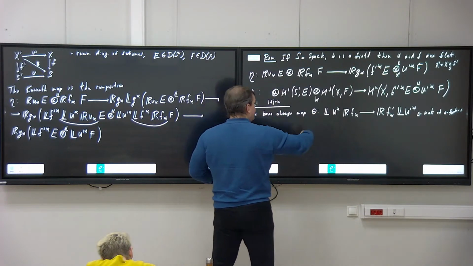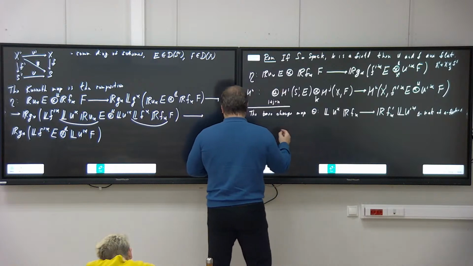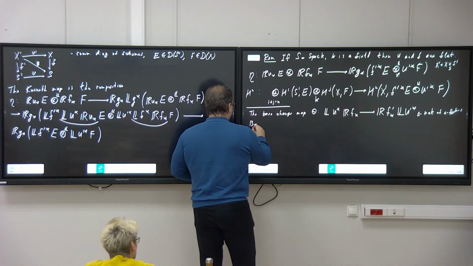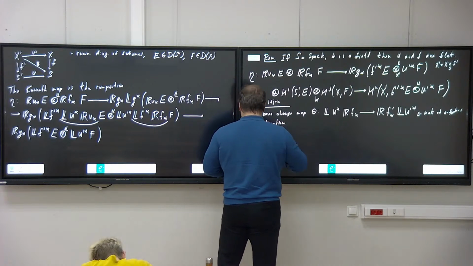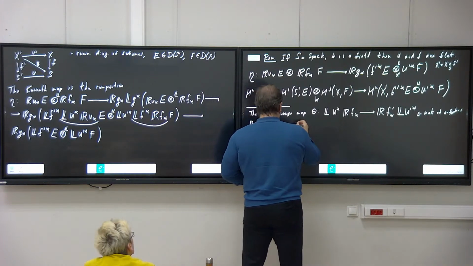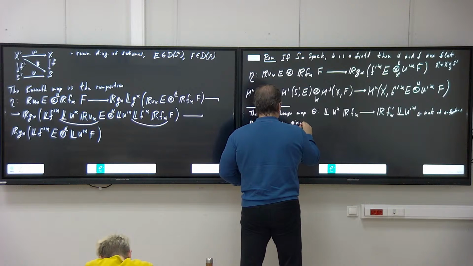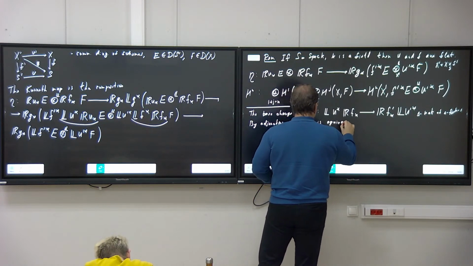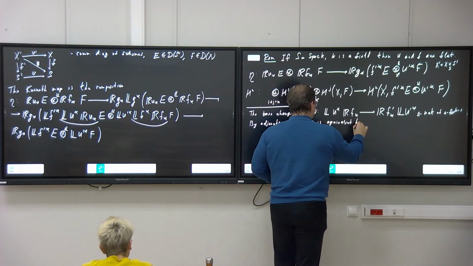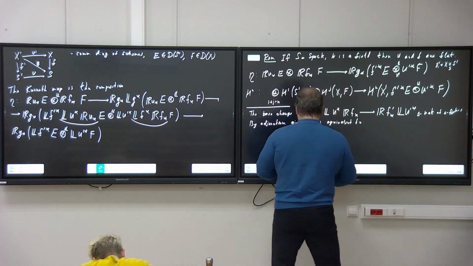Okay, how can we get this map? This is again by adjunction. Giving theta is equivalent to giving a map like this.